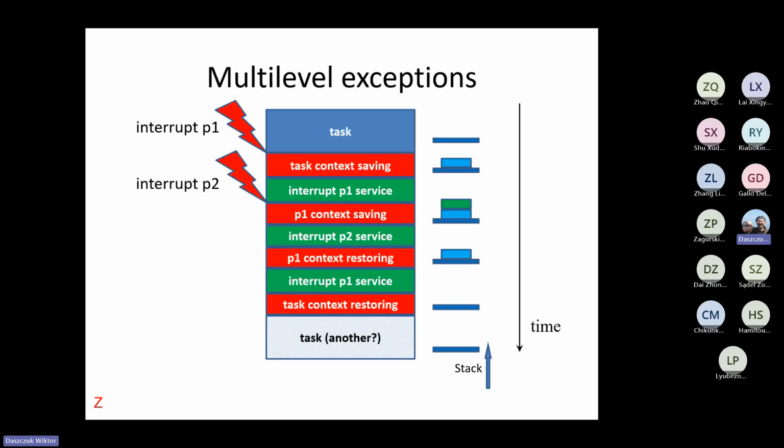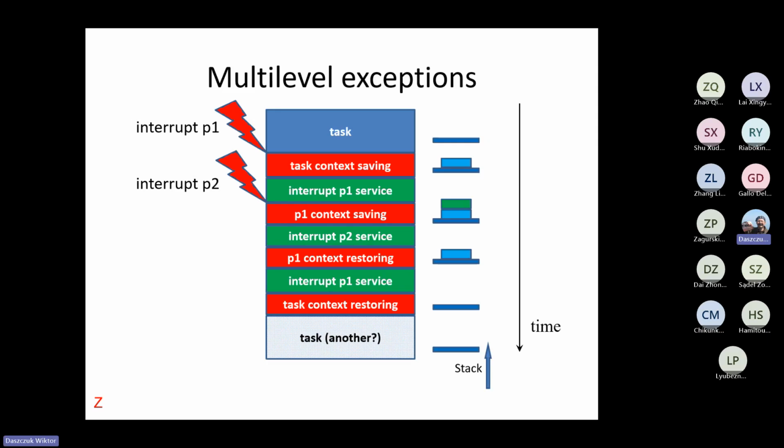Here an interrupt comes, so we save the task context under disabled interrupts. So the task context is now over the previous top of the stack. And we serve interrupt P1.